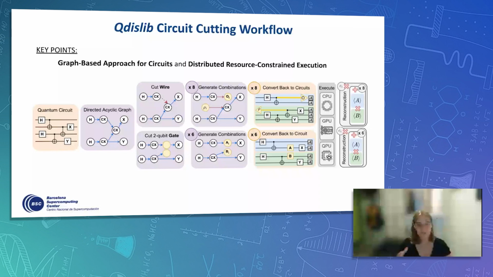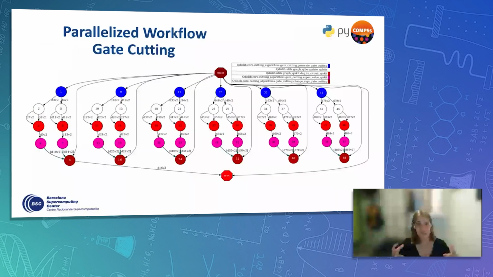Here we can see a little bit more detail of the task-based graph that I mentioned before. Here we have 1, 2, 3, 4, 5, 6 blue nodes, which means that we are performing a gate cut. Since, as I mentioned before, for each cut we obtain 6 combinations.